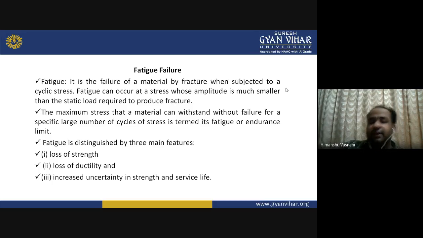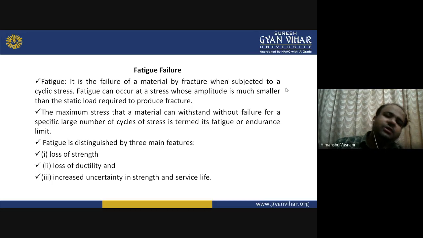The maximum stress that a material can withstand without failure for a specific large number of cycles of stress is termed its fatigue or endurance limit. That is, how much stress it can withstand without breakage, without failure, for a large number of cycles of stress; this is called its fatigue limit, its endurance limit.